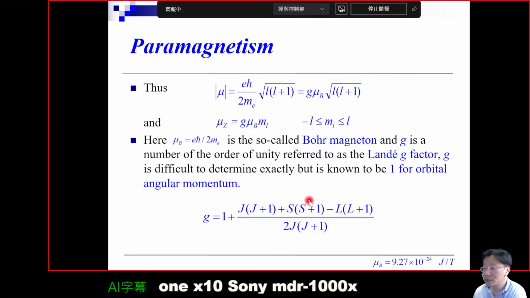In contrast, if we have only spin angular momentum, then L will be equal to 0, and in this case J will be equal to S. So this is S plus 1, and this is also S plus 1, and in the denominator it would be 2 times S plus 1.